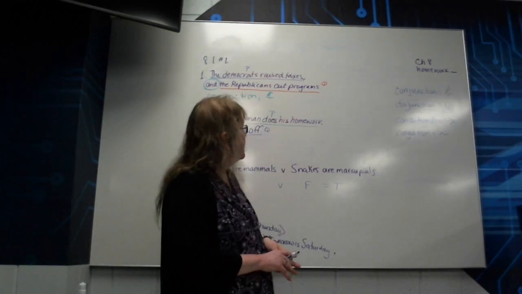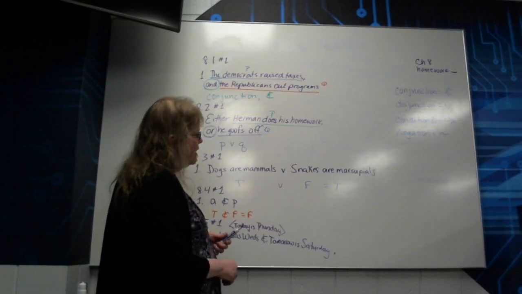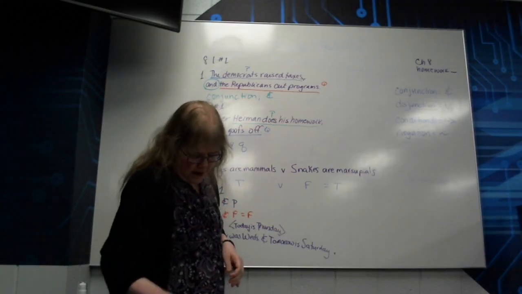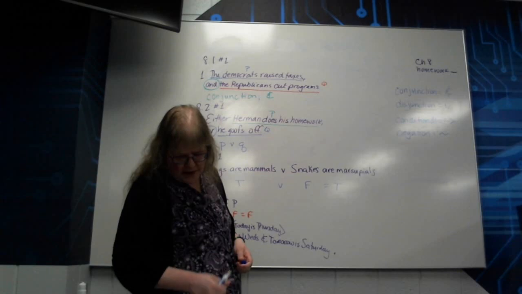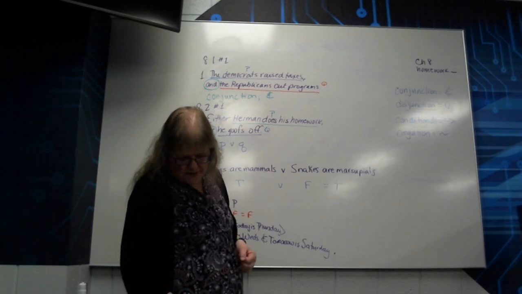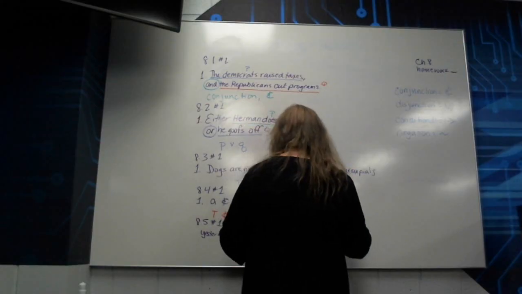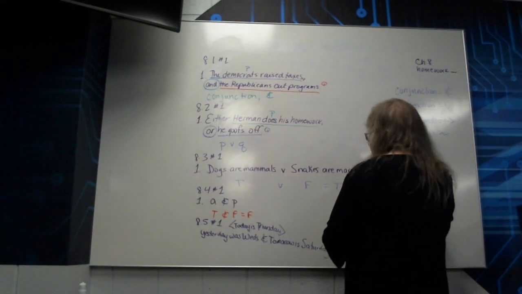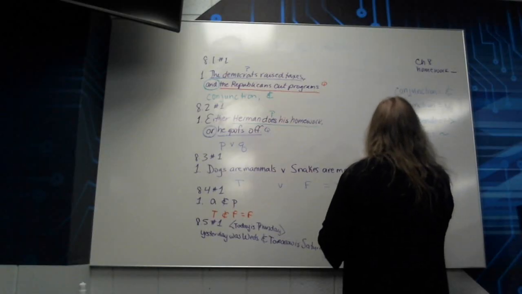I think I can put this in there. Yeah, we're just going to use a different color. Okay, so this one says, if Joshua fought the battle of Jericho, then the walls must have come tumbling down. So it's a conditional, right? Just put it over here, and then we'll erase this for the next one.